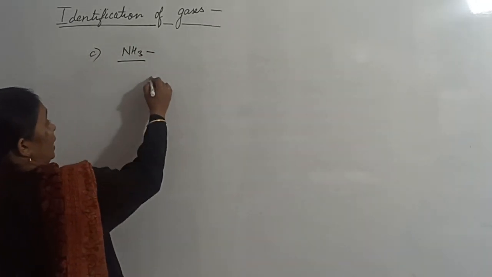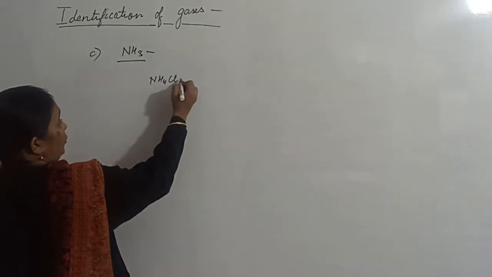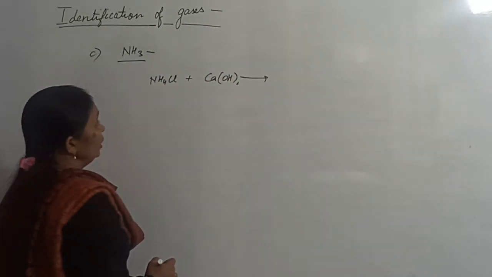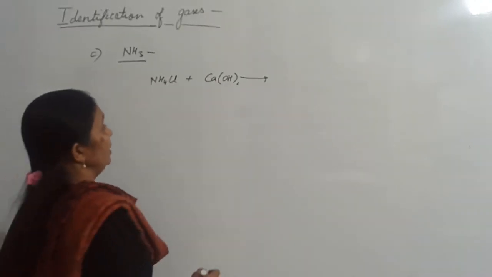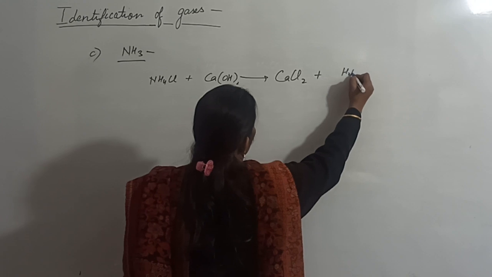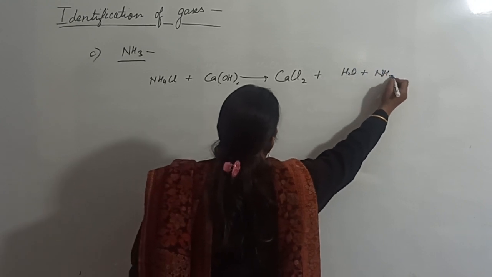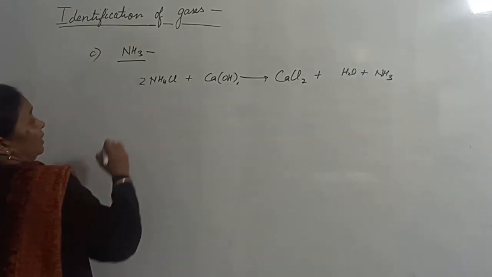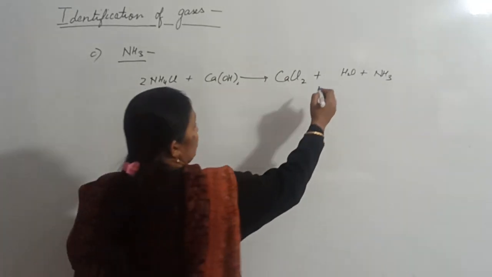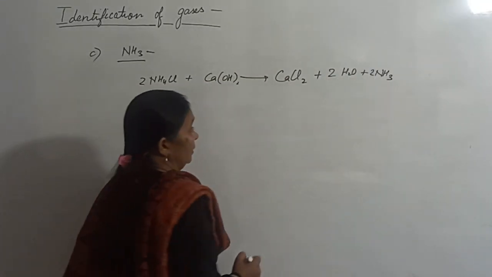In lab, ammonia can be prepared by using ammonium chloride and calcium hydroxide. Ammonium chloride and calcium hydroxide react to form calcium chloride plus water plus this gas ammonia. 2NH4Cl will give you CaCl2 plus 2H2O plus 2NH3.